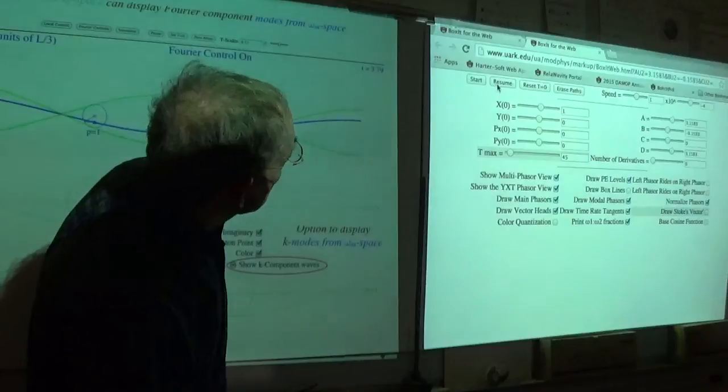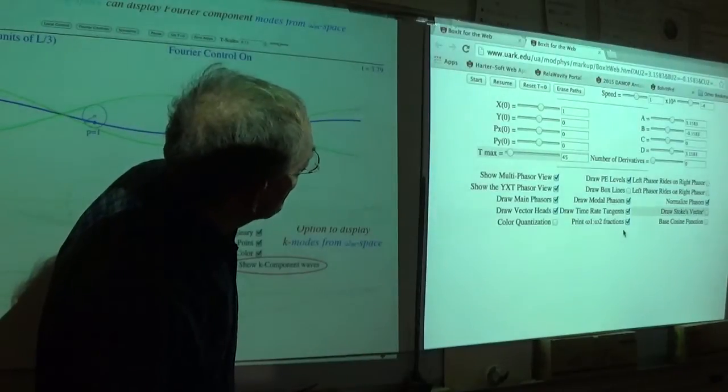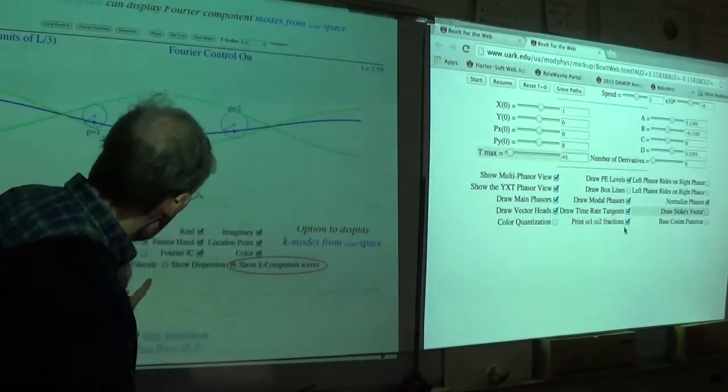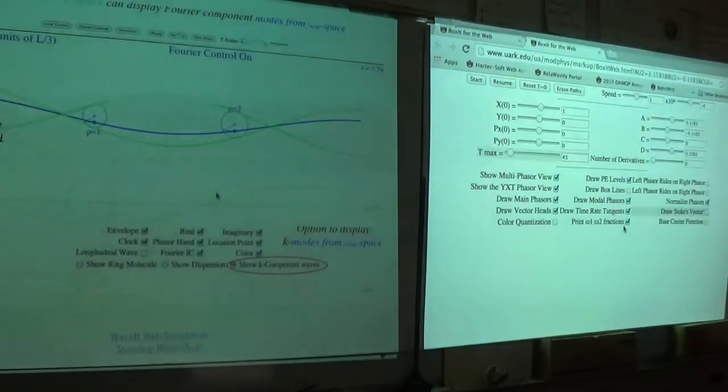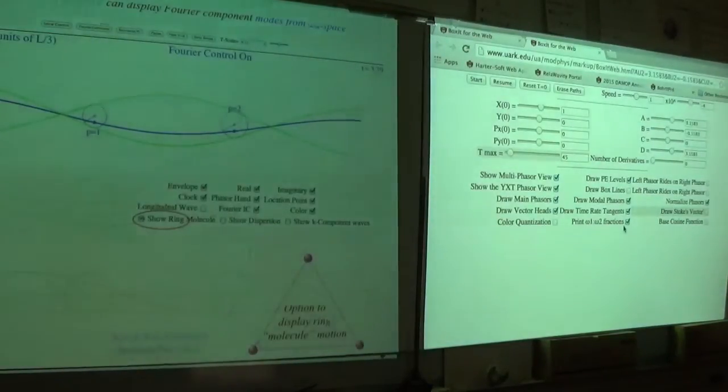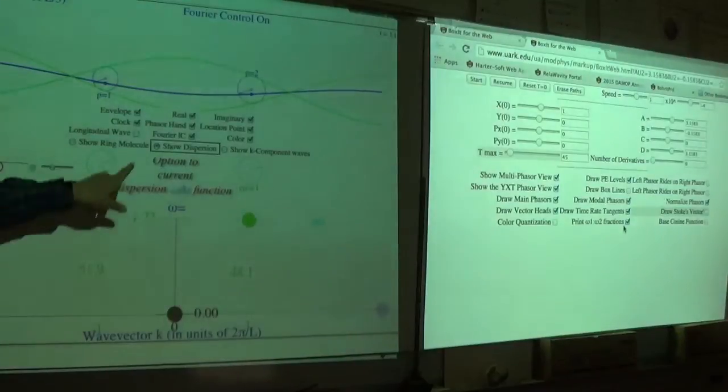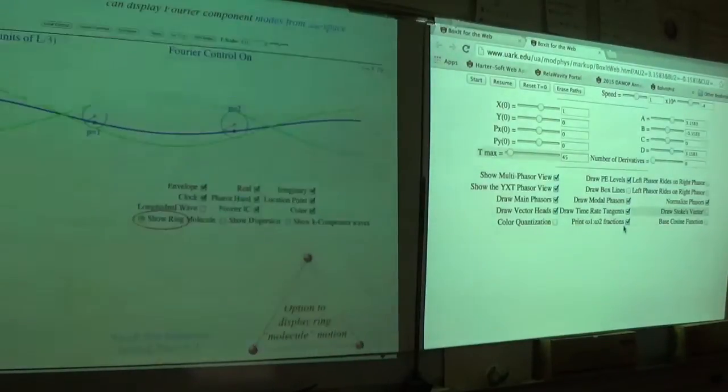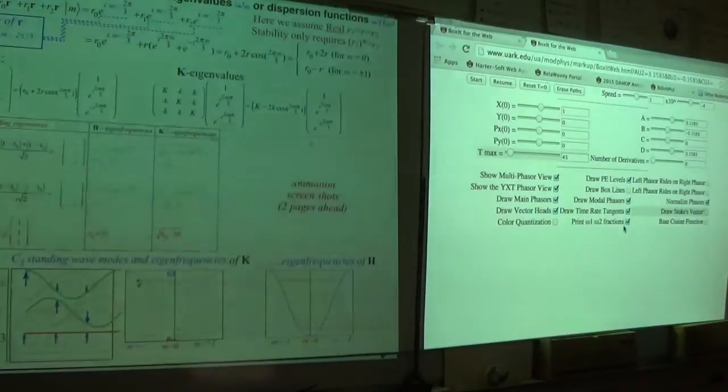Let me go ahead and point out. First of all, let's see if I can. I should have put this thing. We don't have a tutorial page for box it. Yeah, that's true. This is wave it thing.